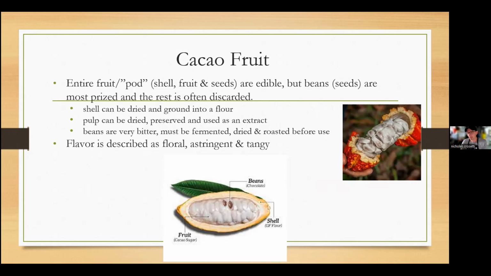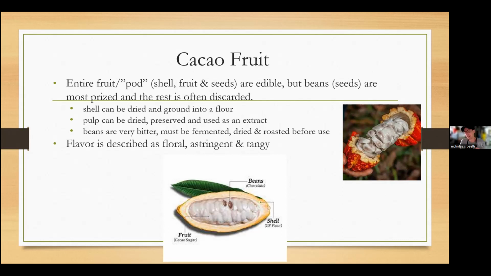And then inside is sort of the fruit, inside of which are the beans, and they grow in this unique mucilage that binds them all together and is sticky.